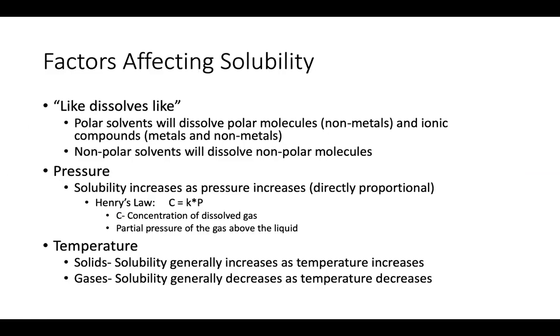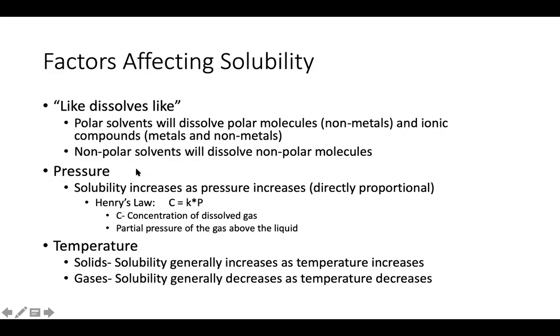And remember, polar molecules are made of non-metals, and they have polar bonds, but make sure you're checking their geometry. That's very, very important. Okay, so polar molecules and ionic compounds, right? So remember, ionic compounds are between metals and non-metals. Okay, so those will dissolve in polar solvents, while non-polar solvents will dissolve non-polar molecules.